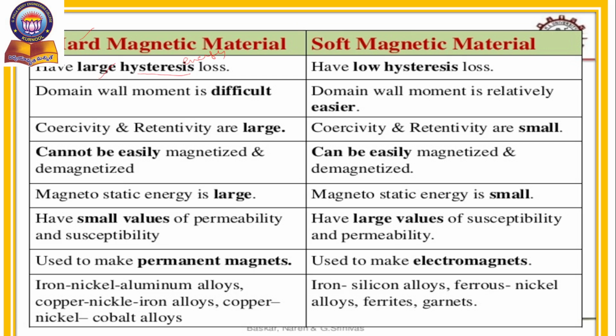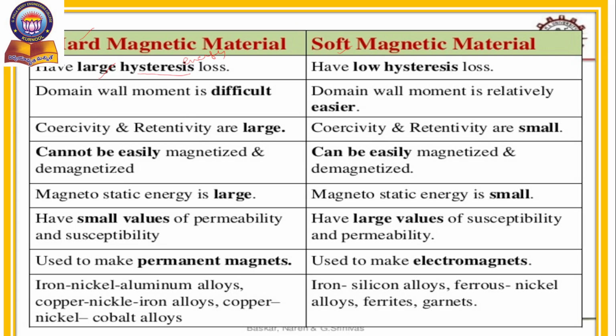Next, the same point for soft magnetic materials: these materials have low hysteresis loss, so the energy lost by the material is low. The name itself indicates these are soft. Soft means once the external magnetic field or external energy is applied, the materials get easily magnetized, and once we remove the external energy or magnetic field, they can easily get demagnetized.